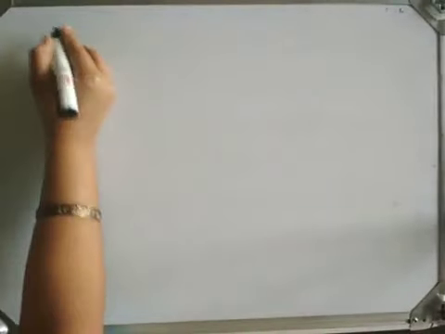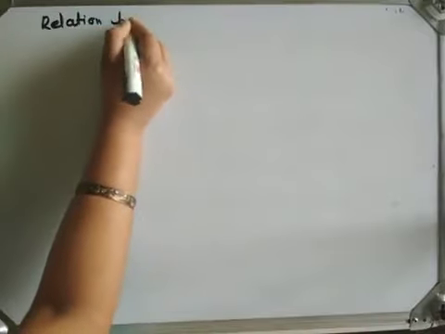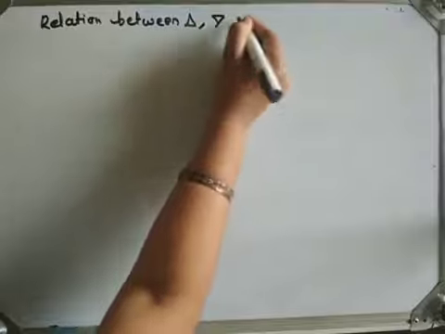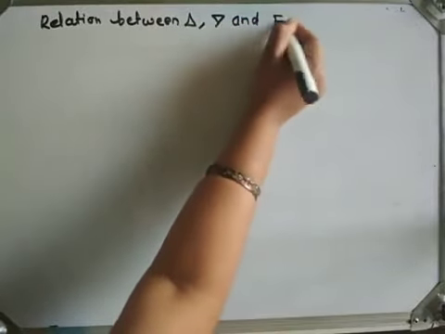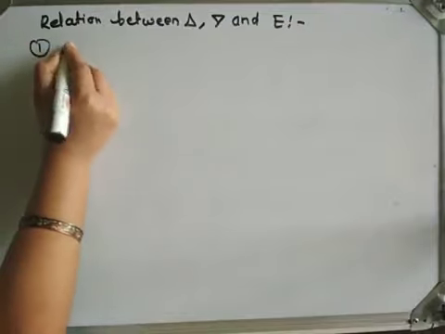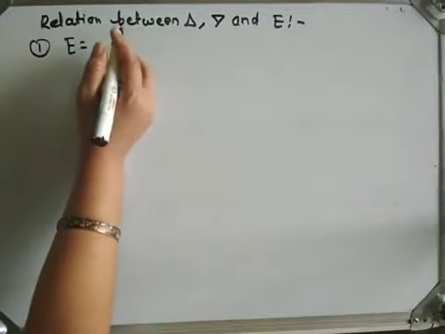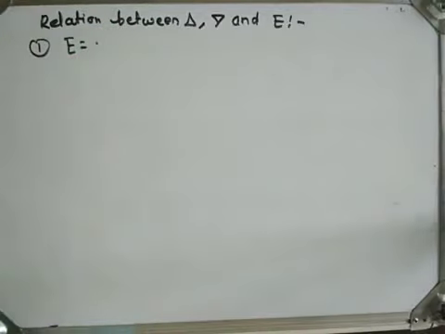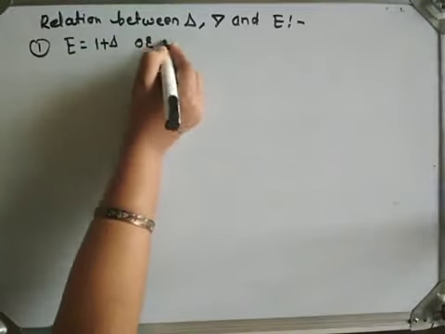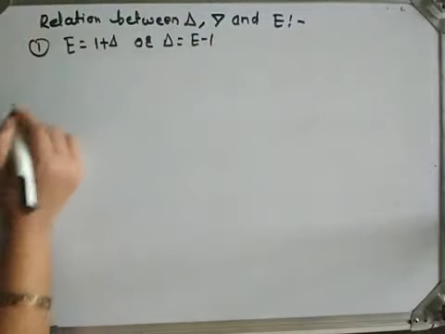The next topic is the relation between delta, del, and E. The first relation is E is equal to 1 plus delta, or delta is equal to E minus 1.